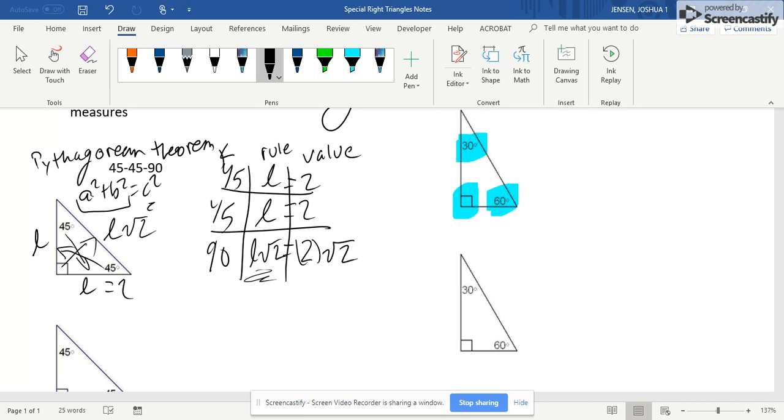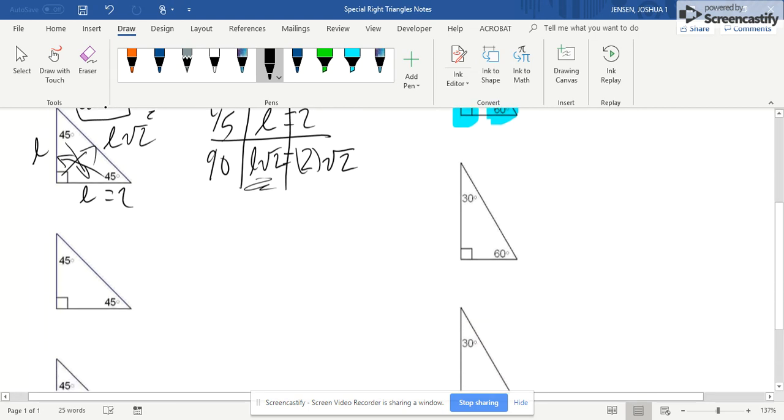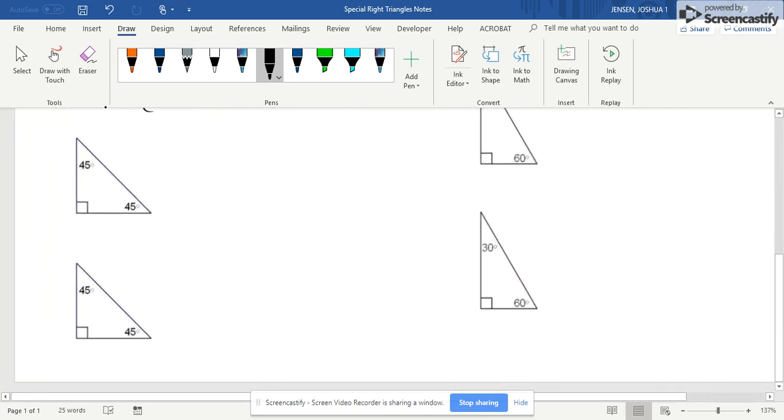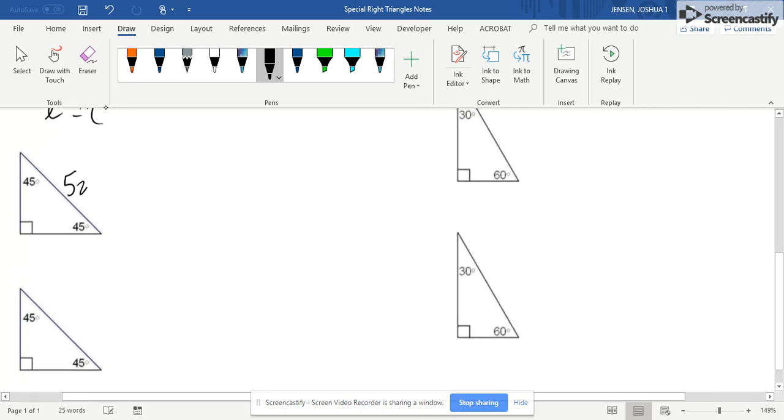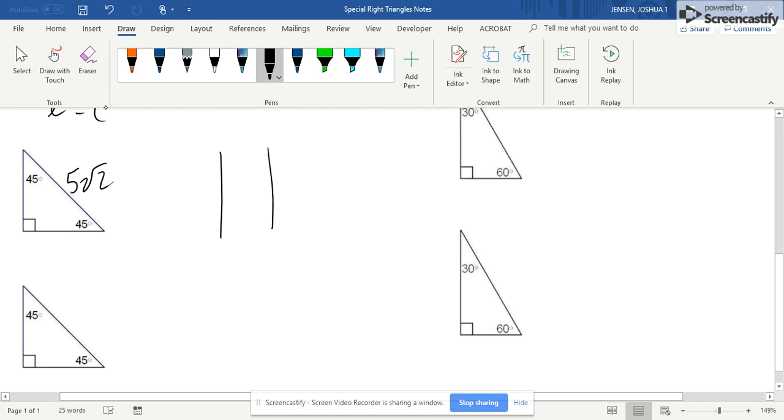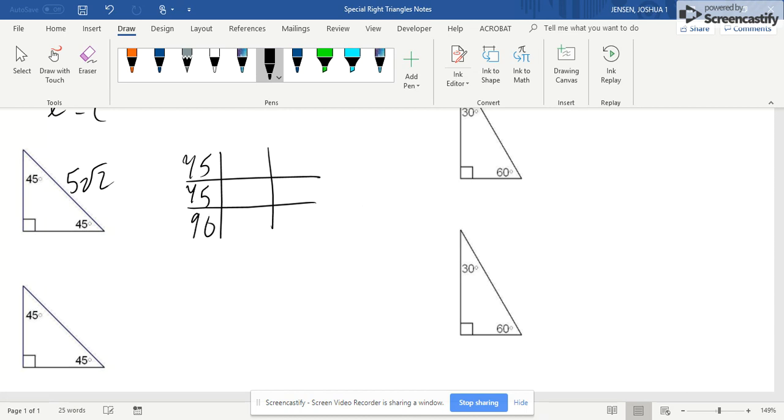All right. So we can use this rule to find all of the sides if we're only given one side. For instance, if on this 45 we have 5 square root of 2, it's pretty simple solving for the legs. You have 45, 45, 90, L, L, L square root 2.